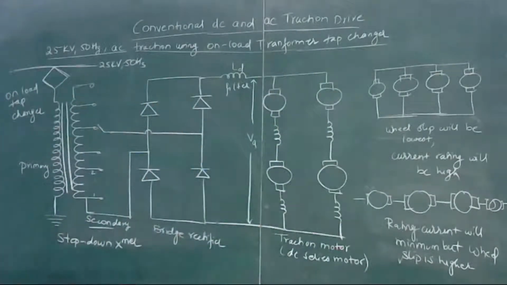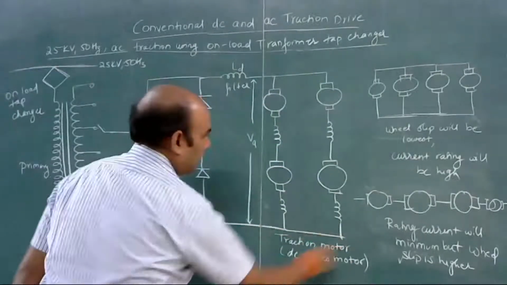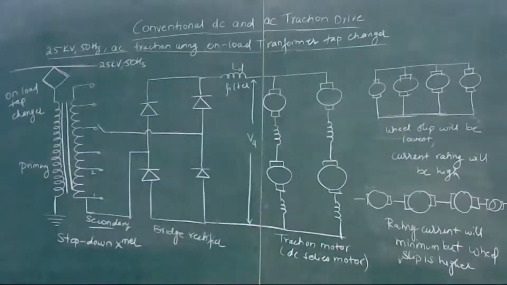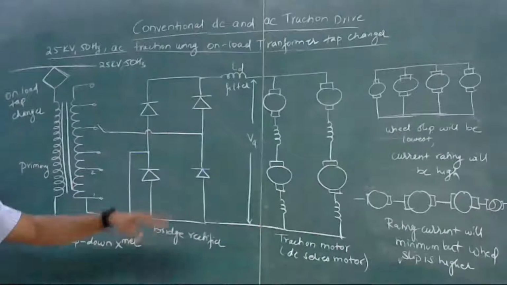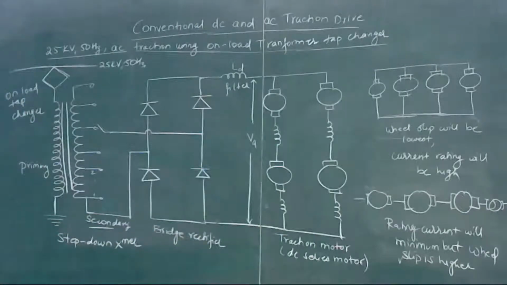That's why we have connected in this fashion. So the transformer current rating will be minimum, and the tendency of wheel slip will be low.